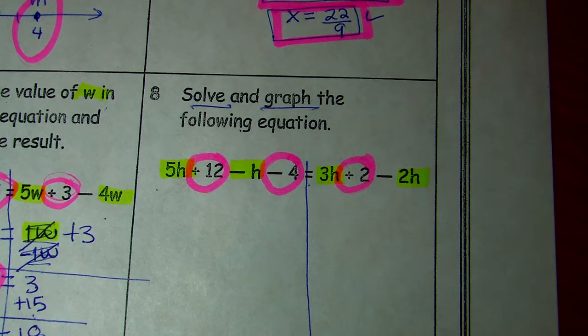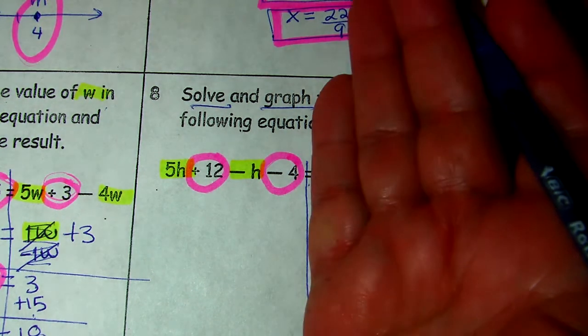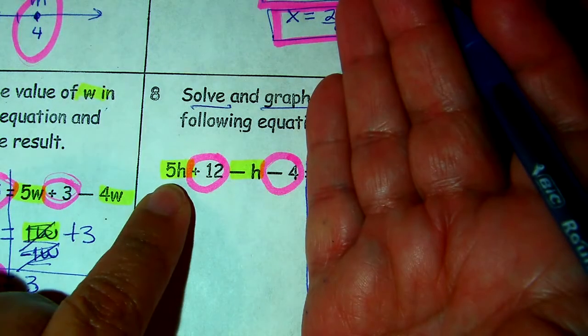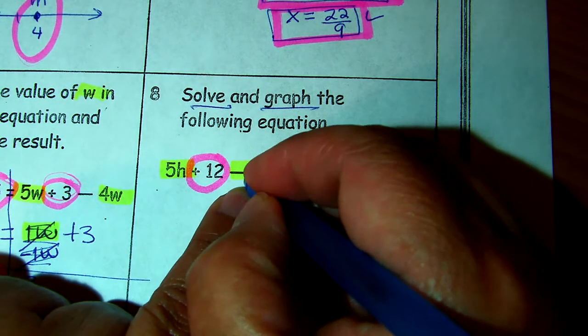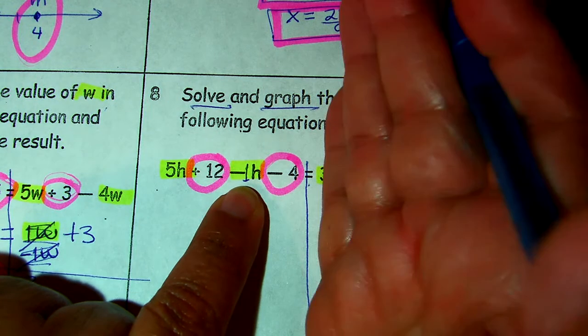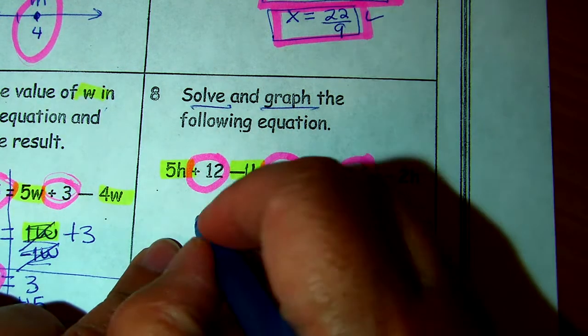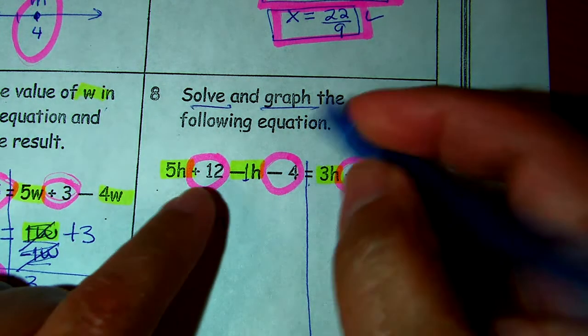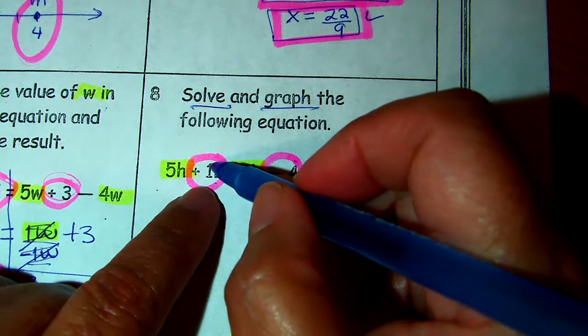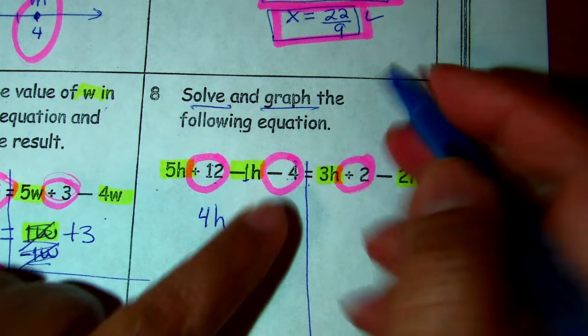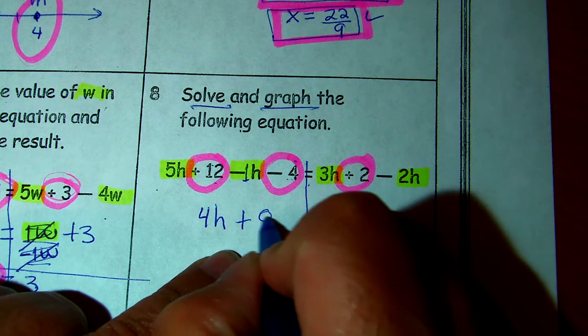So, on this side, we need to combine 5H minus 1H. Remember, this is like having a negative 1. 5 minus 1, 4H. Then combine these two. 12 minus 4 gives you 8.